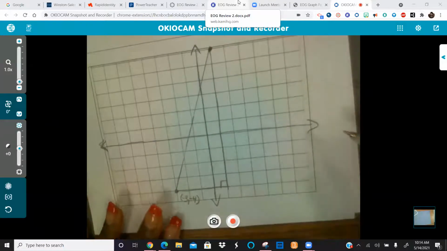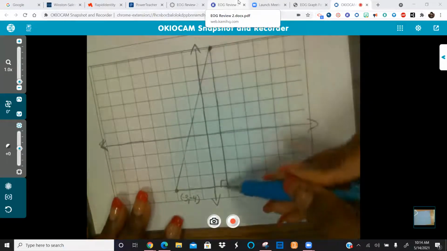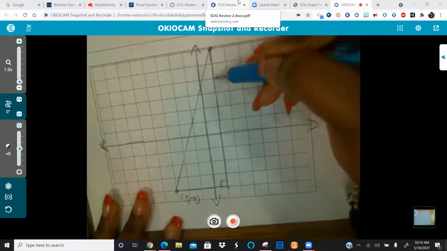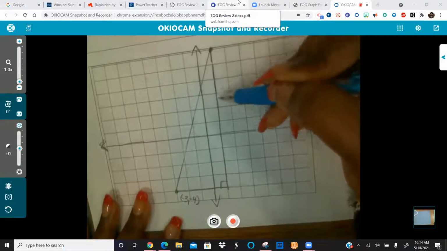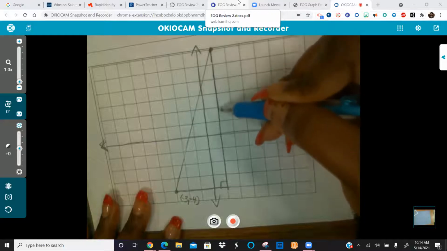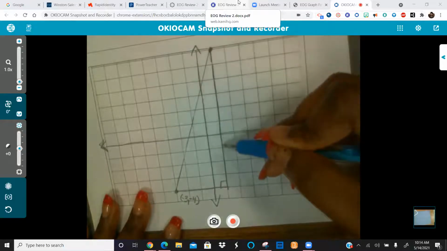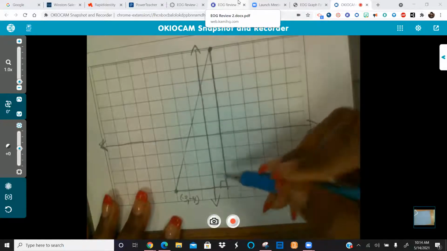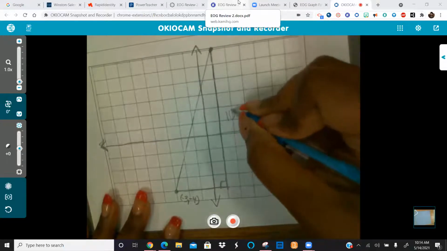Okay, so now I'm gonna count the length from here to here. Look at how I count. This is 1, 2, 3, 4, 5, 6, 7, 8, 9, 10. So this is 10 units long.